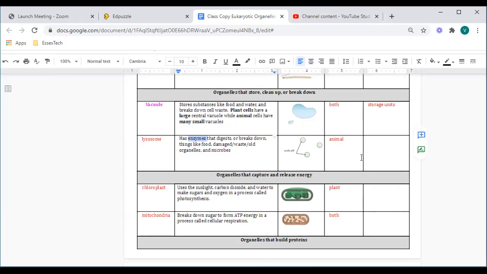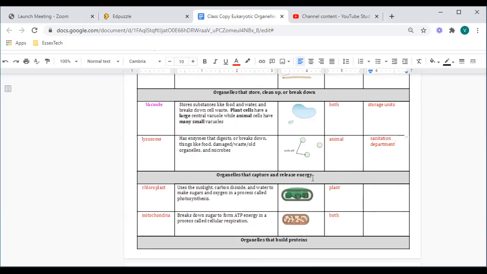What in the city would break things down, things that are old or damaged or waste? Well, we can think of our sanitation workers. These are the people who collect the garbage, maybe the recycling, and then transport it to a facility that can break it down.